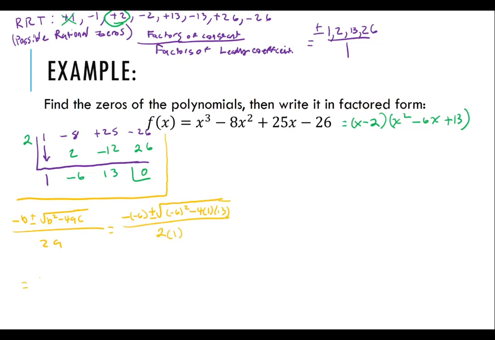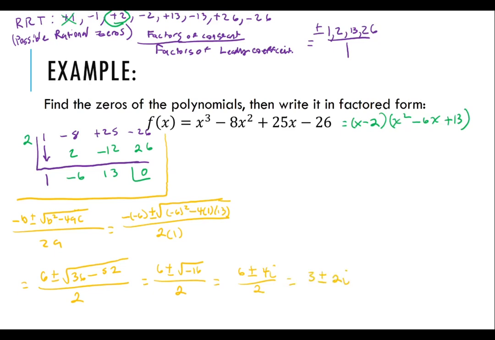Then we get that this is positive 6 plus or minus the square root of 36 minus 52, all divided by 2. That then gives us 6 plus or minus the square root of negative 16, all divided by 2, which then gives us 6 plus or minus 4i, all divided by 2, which then reduces to 3 plus or minus 2i.